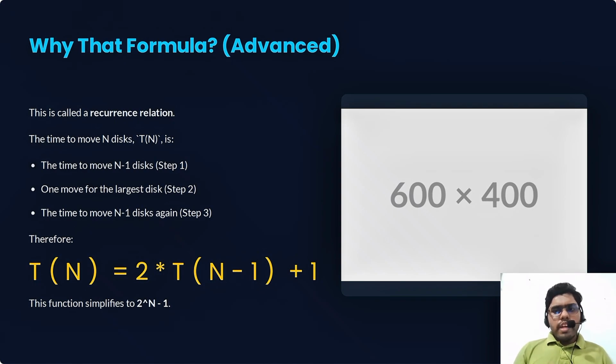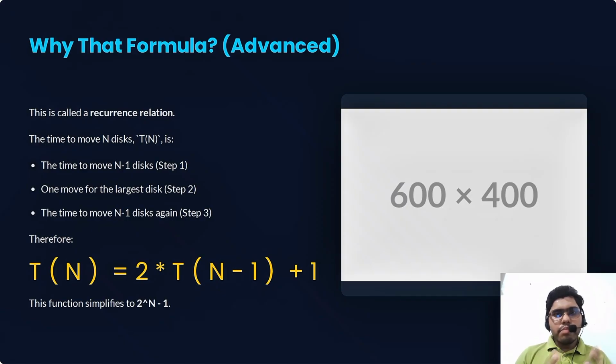Why that formula? Where does this 2 to the power of n minus 1 come from? It comes from the algorithm itself and is called the recurrence relation. Remember our 3 steps? Step 1 takes T(n-1) moves.